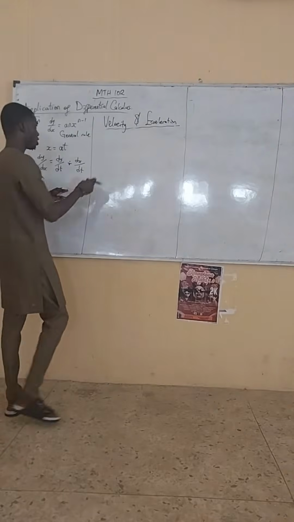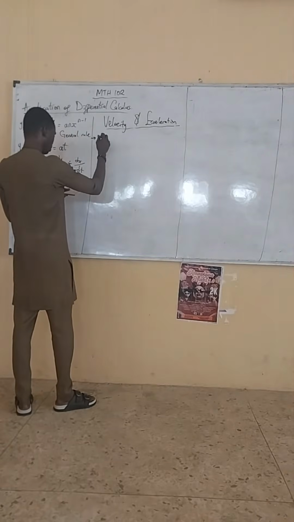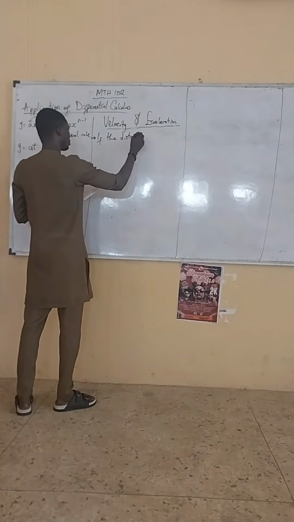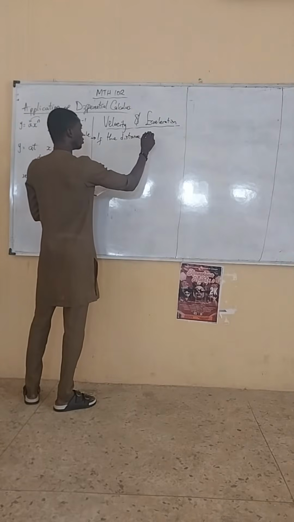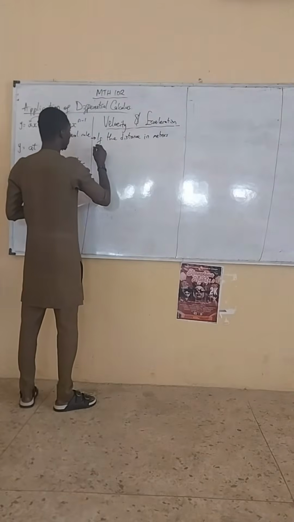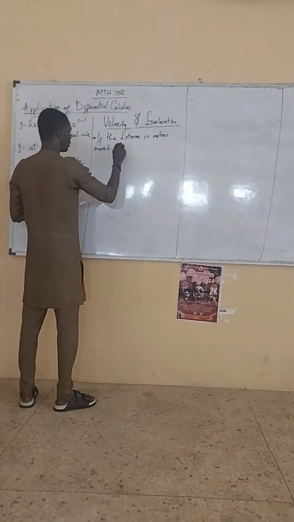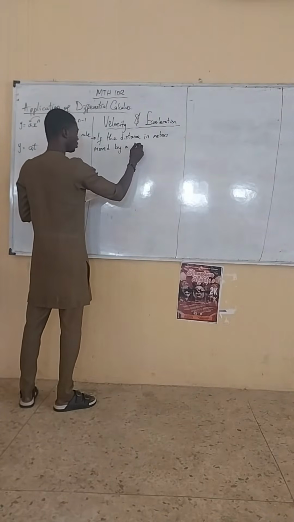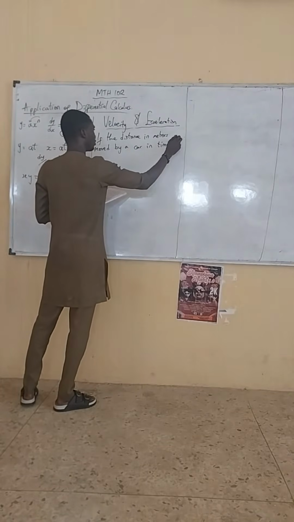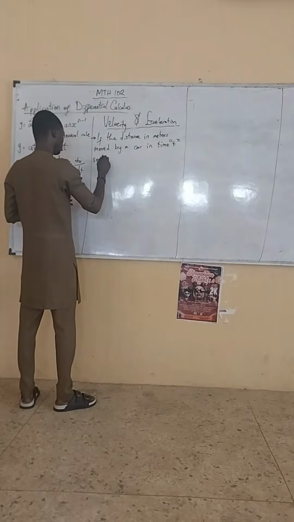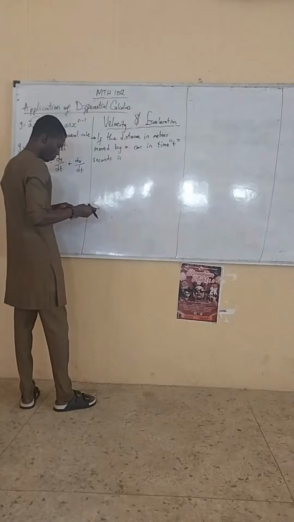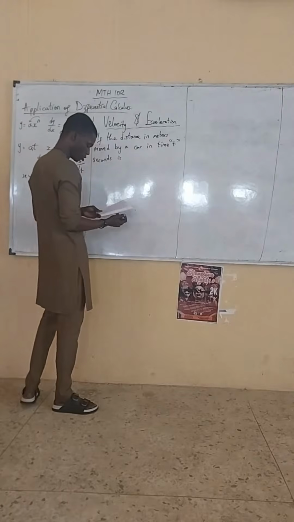Okay. Now this question says the distance in meters moved by a car in 3 seconds is, let me use a different color.